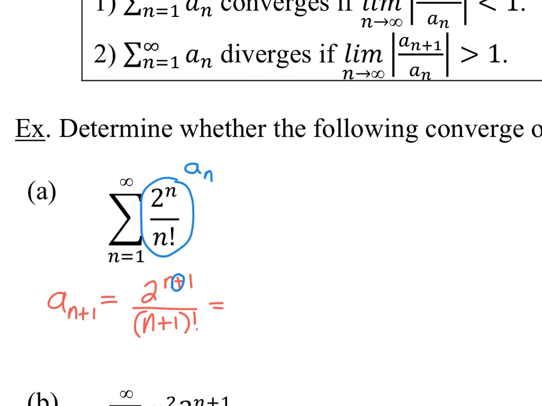So instead of writing 2 to the n plus 1, I'm going to break that up into 2 to the nth times 2 to the first, or just 2. All right, again, the idea is to simplify it. So when I create the ratio, I'm going to want some things to cancel. One of the things I'm going to want to cancel is the 2 to the nth. And so by breaking that up, I'm going to make that happen. Right? There's other ways to do it, but this is the most efficient way.